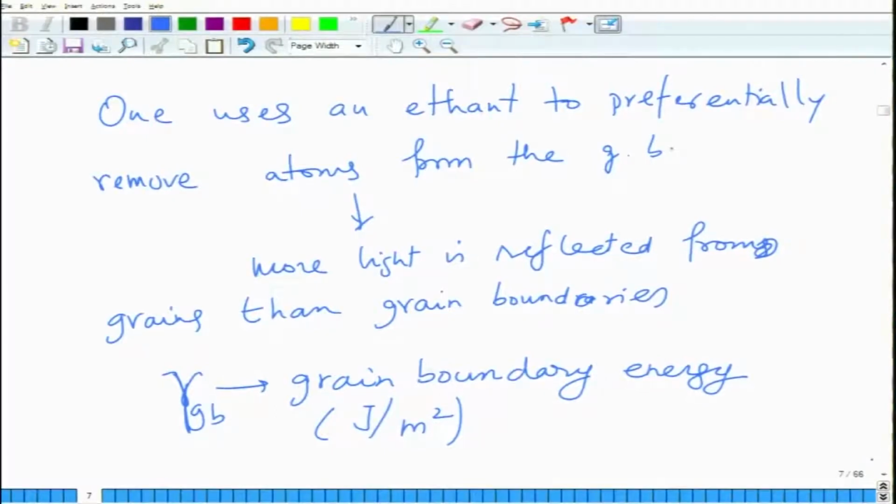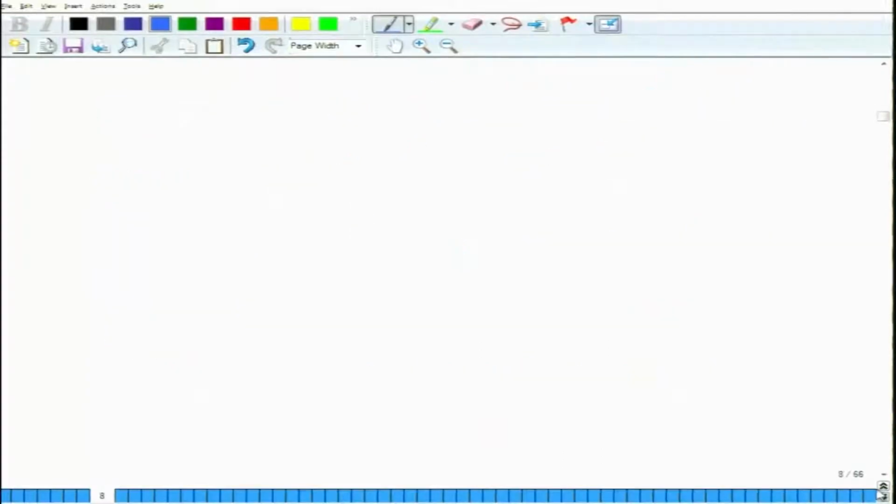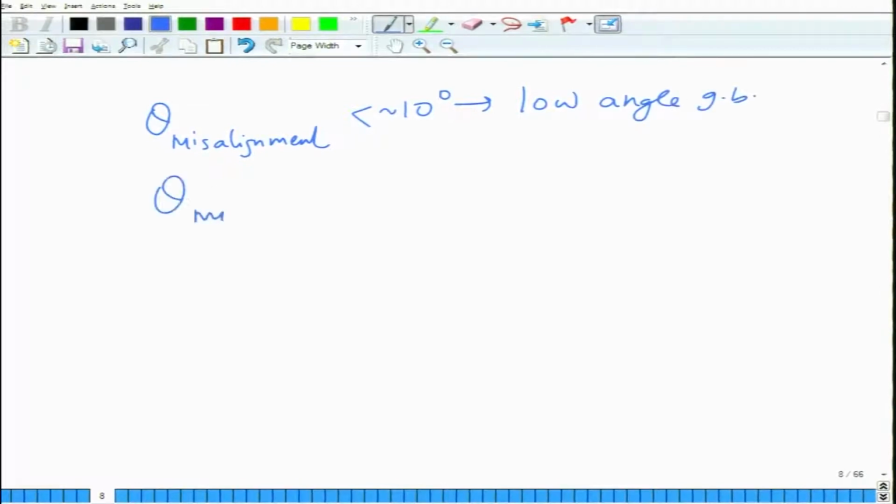The angle of misorientation between the two is typically about, so the way you define them is, if theta misalignment is less than nearly 10 degrees, it is called a low angle grain boundary, and if theta misalignment is greater than about 9 to 10 degrees, it is called a high angle grain boundary.